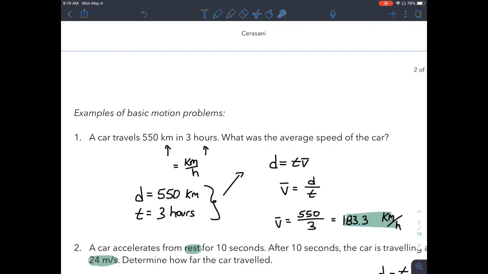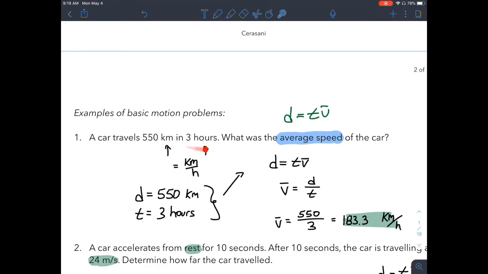This first example, a car traveling 550 kilometers in 3 hours, what's the average speed of the car? Again, average speed should clue you in that you should be using your D equals TV formula because that's the average speed. We've got a distance in kilometers and a time in hours, which means we can leave it like that because we are going to get a speed in kilometers per hour, right?